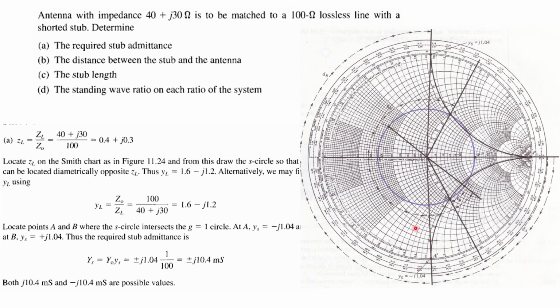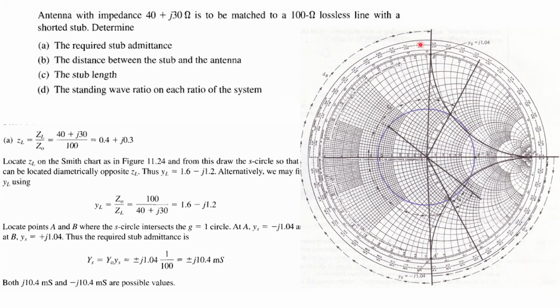Now the S circle and the r equal to 1 circle will have two intersection points. Suppose the intersection points are A and B. Now extend from 0 through point A and point B, and find the j values corresponding to A and B, which give your stub admittance.